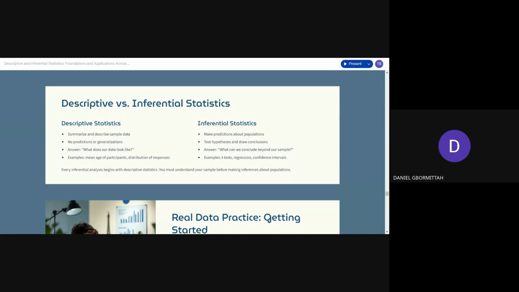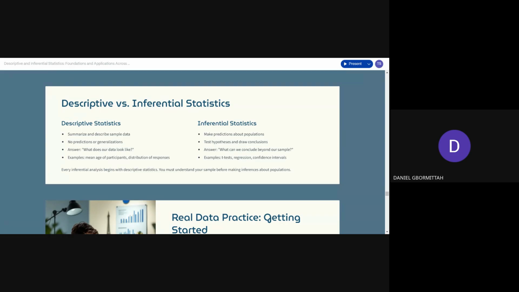Then when we come to inferential statistics, they are used to make predictions about the population, test hypotheses, and draw conclusions. It answers questions like, what can we conclude beyond our sample? What can we conclude beyond the performance of people in Cape Coast metropolis that we have collected the data on?